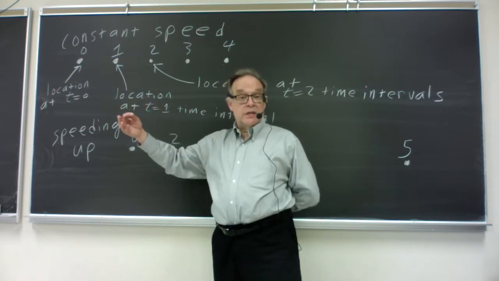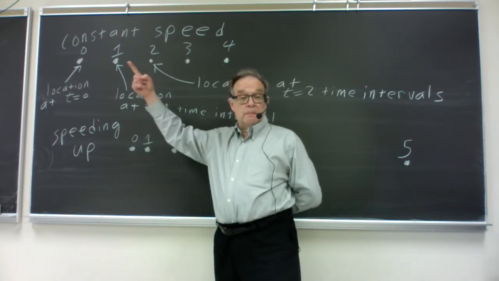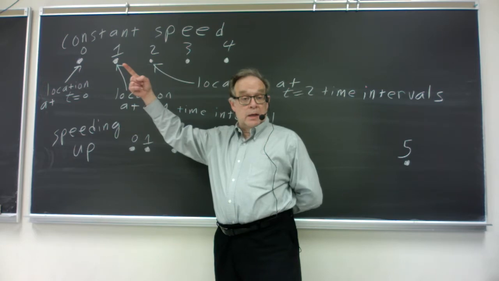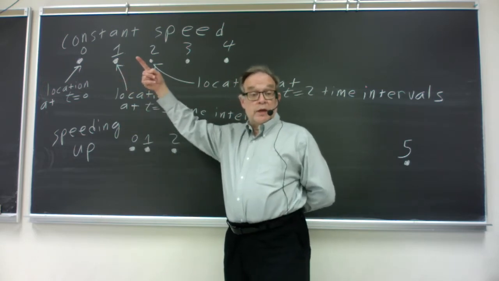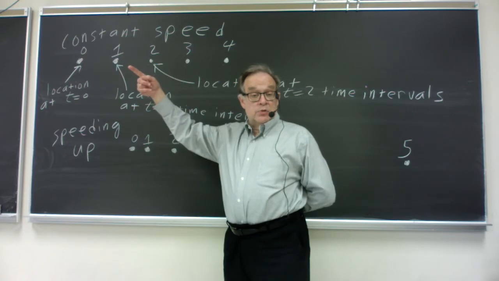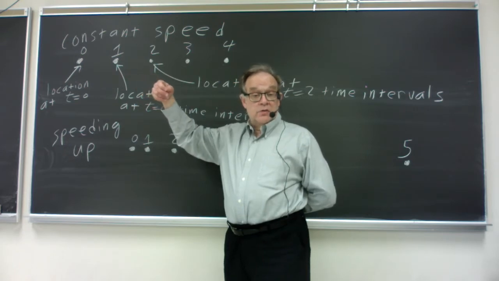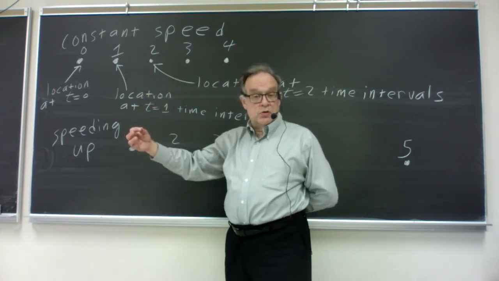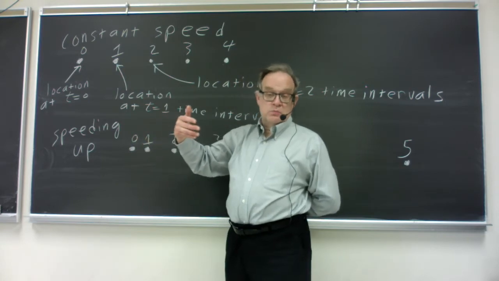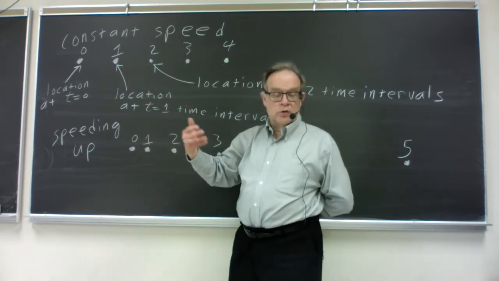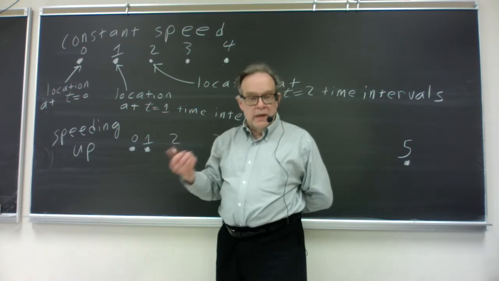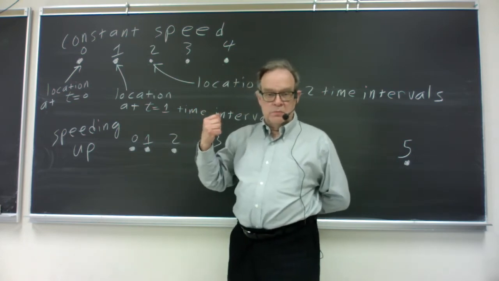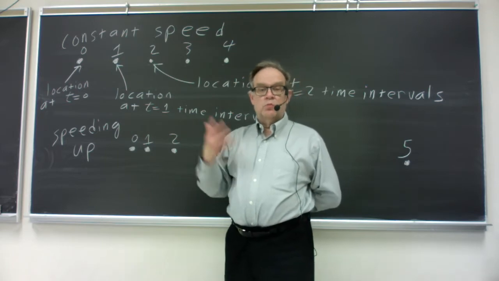At the end of that time interval, you look again to find the location of the object, and at that location you put the next dot. We label that 1 because that's the location of the object at the end of the first time interval, whether that's 1 second, half a second, 1 minute, or 30 seconds.